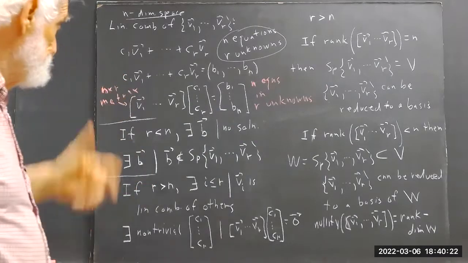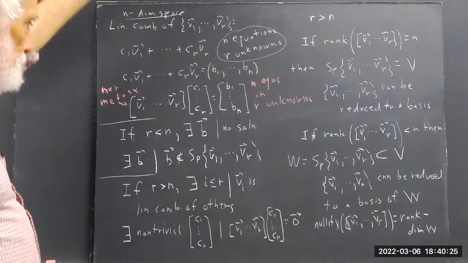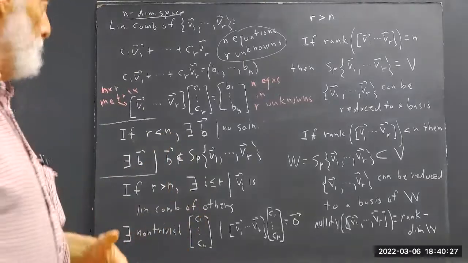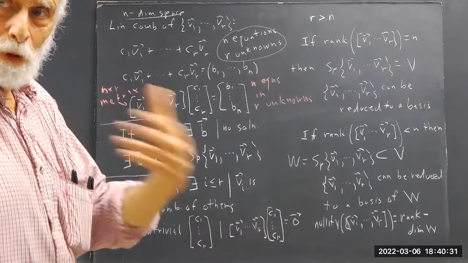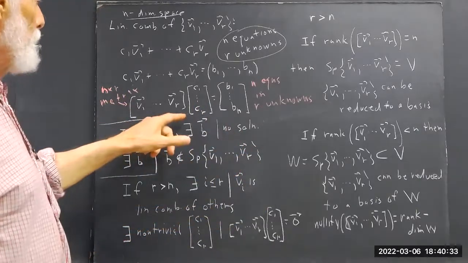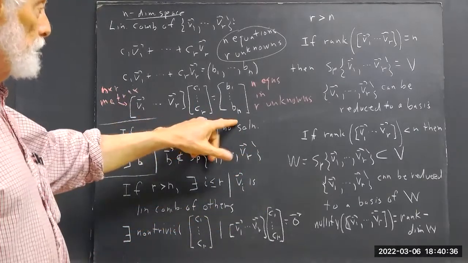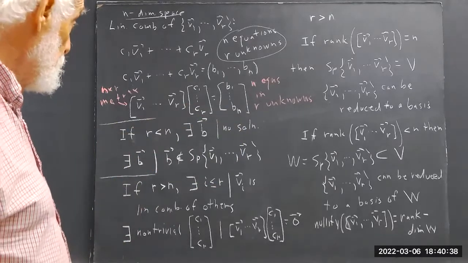Because, well, I'm assuming that we know why. I've seen everybody write this out on more than one occasion correctly. So I think we understand why this is the case. So I don't need to go into a lot of detail.